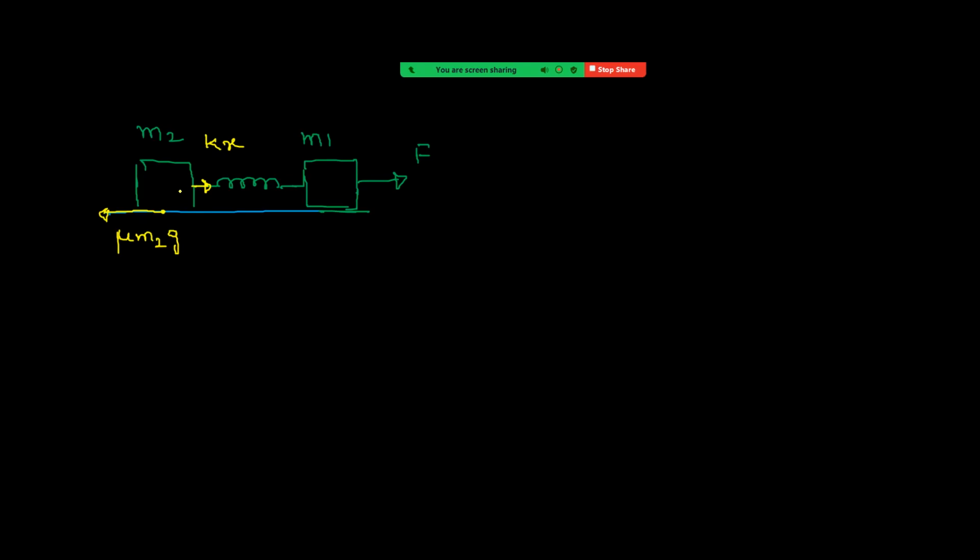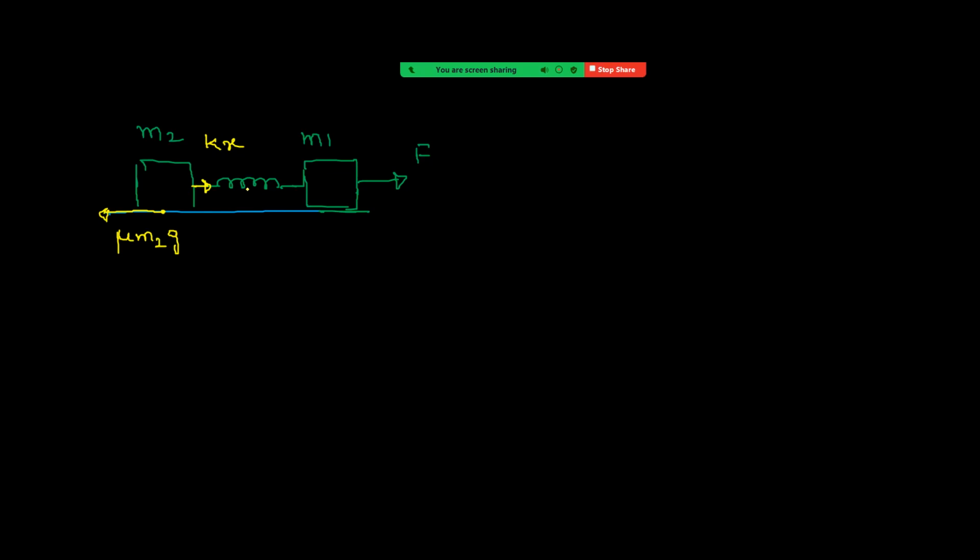Okay. And the question is about the minimum horizontal force that we have to provide. Say, the meaning of minimum: when this block is about to move, the other block has to come to rest. Because if it comes to rest, then there will be no more elongation in the spring.